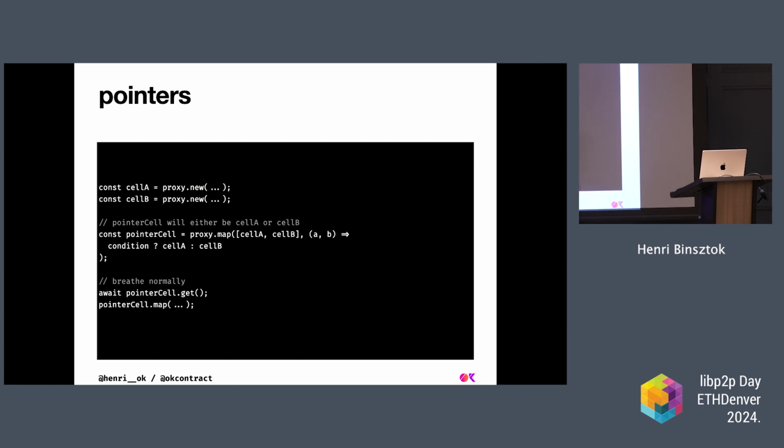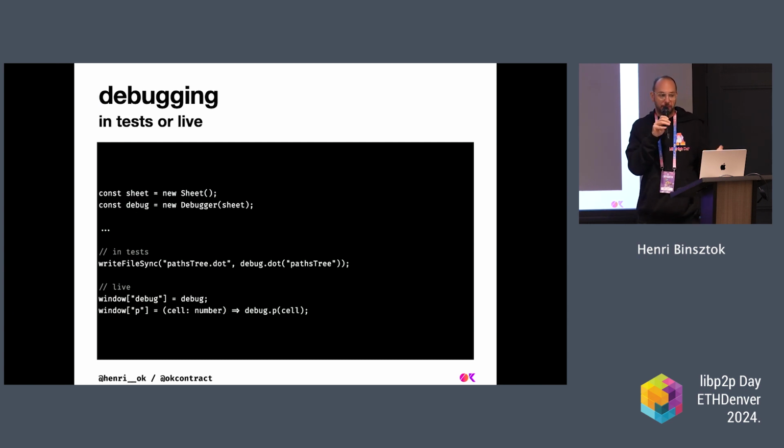This pointer cell will be mapped to something else. Since pointers are a base abstraction, you can treat them normally: you can get the value of a pointer cell, you can map it, etc.